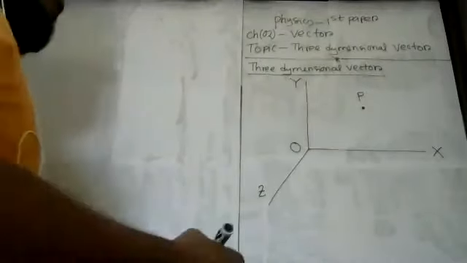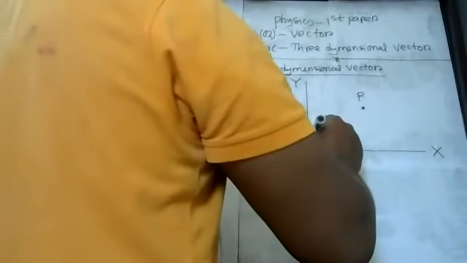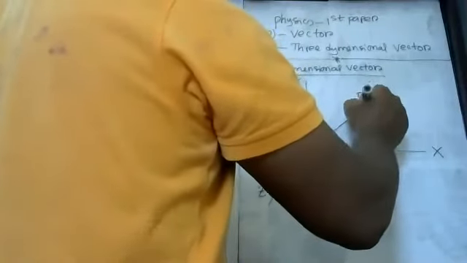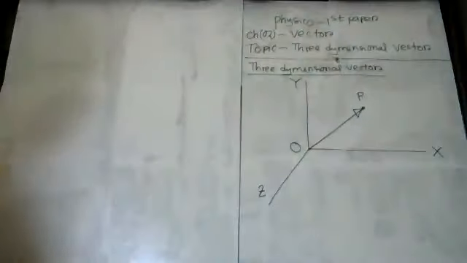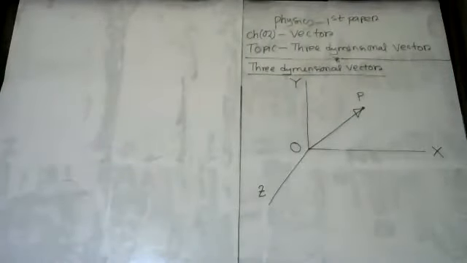That's why if you connect OP from the point of origin, this OP indicates the position vector. I repeat, my dear student, this OP indicates the position vector, and sometimes it is also called the radius vector.